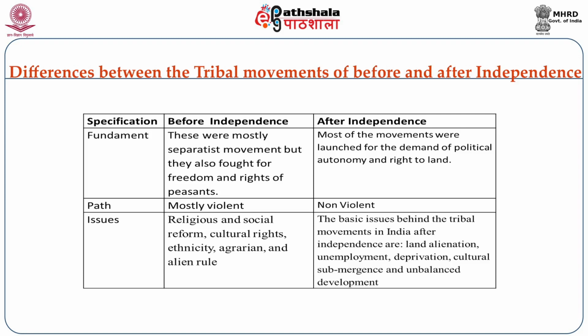Now, most of the movements which were started after independence demanded mainly political autonomy. Particularly, they demanded a separate statehood. For example, you can say the Jharkhand movement or the Uttarakhand movement.